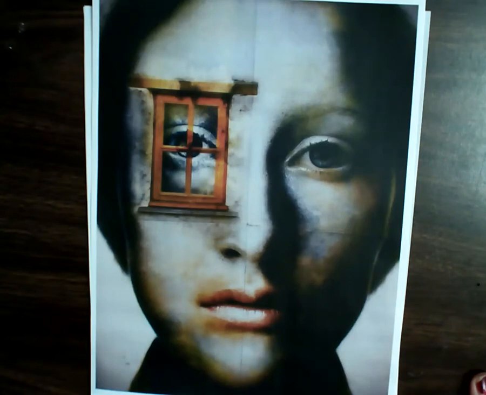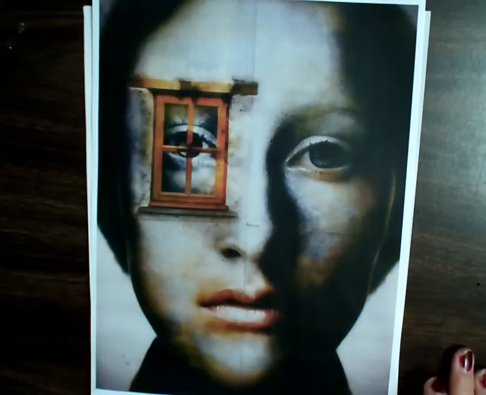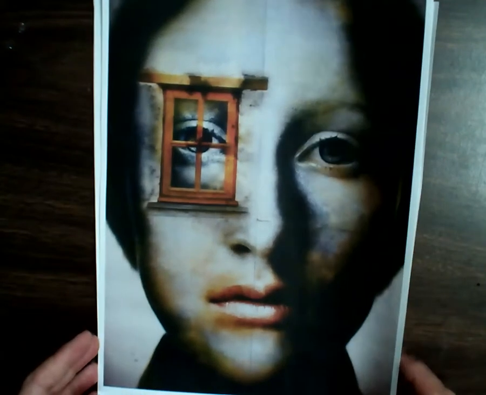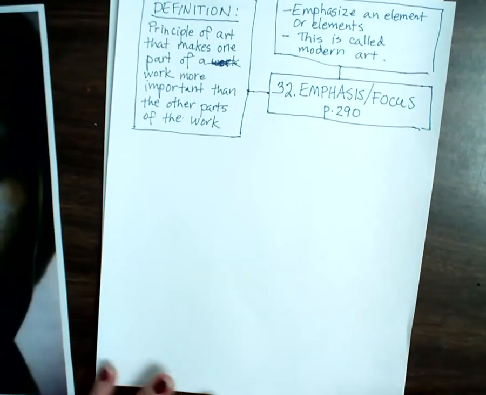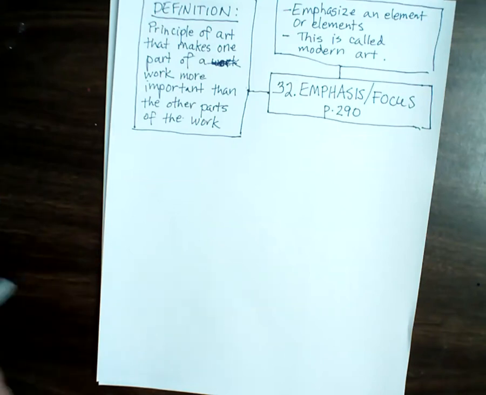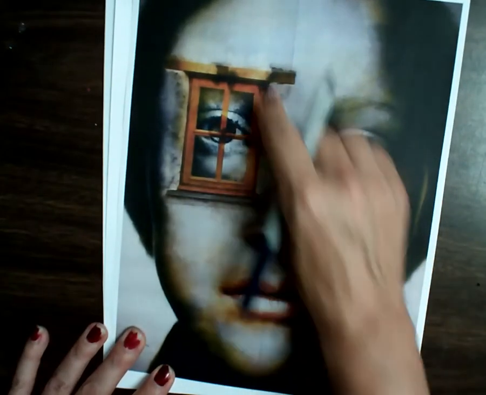Is this something we see every day? No. If I went walking down the hallway and I had this painted on, a window in front of my eye, people would immediately look at my eye, right? So, that's another one, but, I'm sorry, my brain's just scattered today.